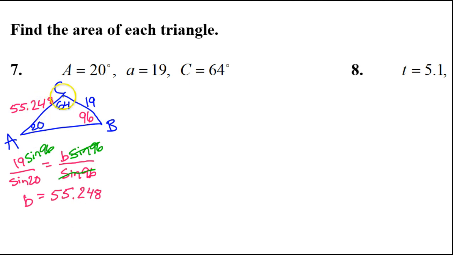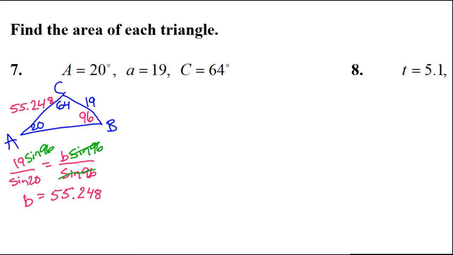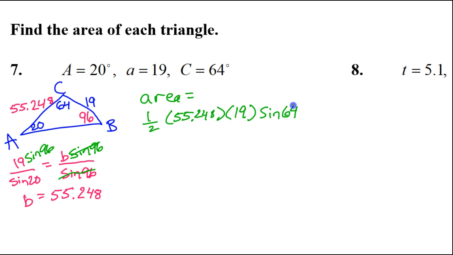Now that I have side angle side, I can go ahead and use this formula to find the area. Alright, so the area should equal 1/2, the first side times the second side times the sine of the included angle.